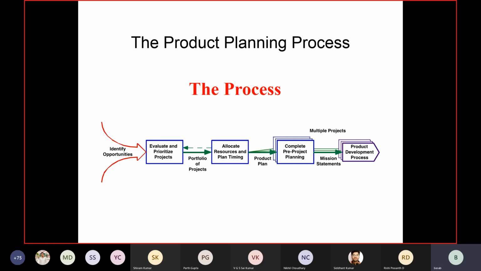Then you allocate resources to the projects, and they are scheduled. So this planning activity will focus on the portfolio of opportunities and potential projects, and this is also referred to as portfolio management.